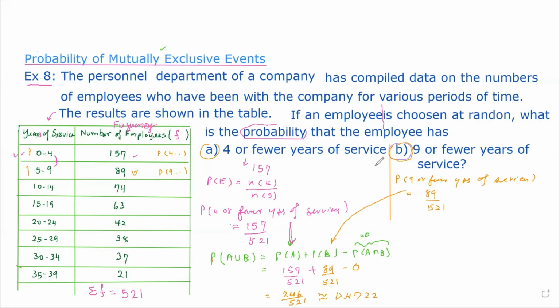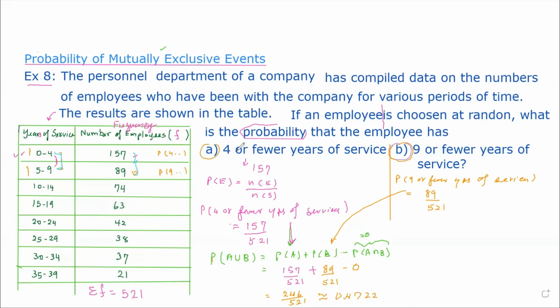If it says find the probability of less than 9, that means from these two intervals, correct? Remember, find less than, greater than, between, something like that. For less than 9, you just add these up.